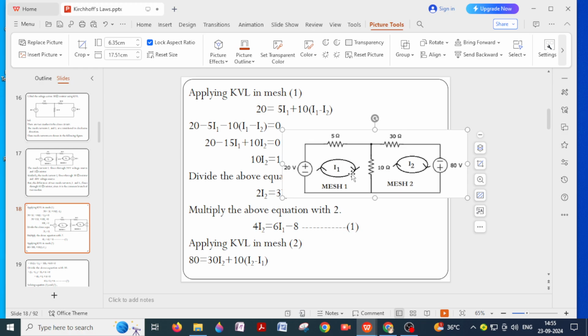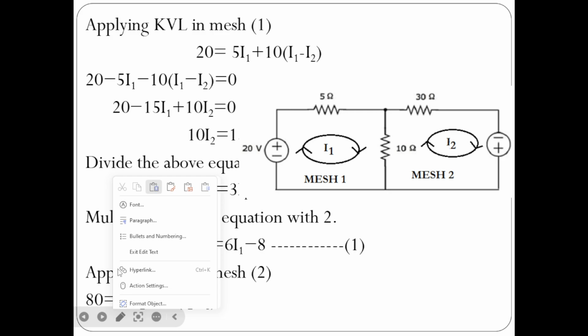Why are we assuming these two currents as a difference? The reason is, if you observe, on this side the loop current is going downward, and the loop current on this side of 10 ohms is going upward. Both are in opposite direction, therefore the difference of these two currents will flow through 10 ohms.